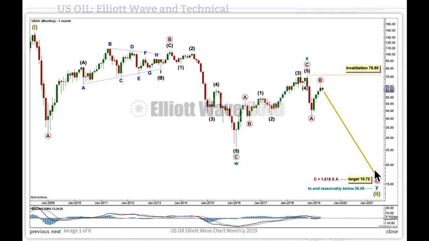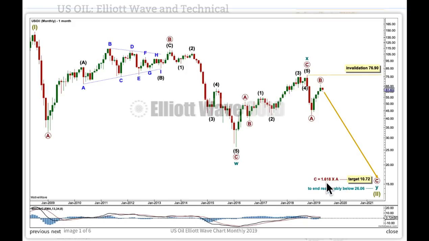And so now it's expecting primary wave C to be a 5-wave structure, which should subdivide 1, 2, 3, 4, 5. So there will be a couple of big bounces along the way down for waves 2 and 4 within the 5-wave structure of primary wave C.